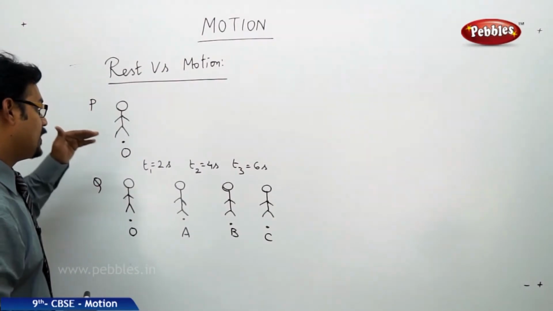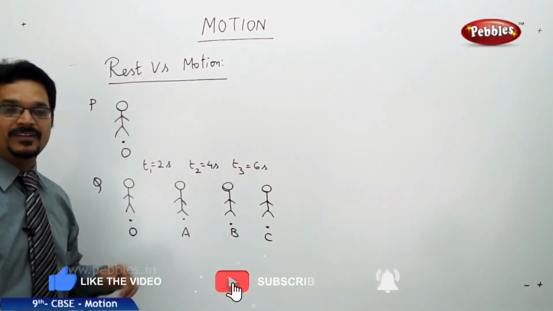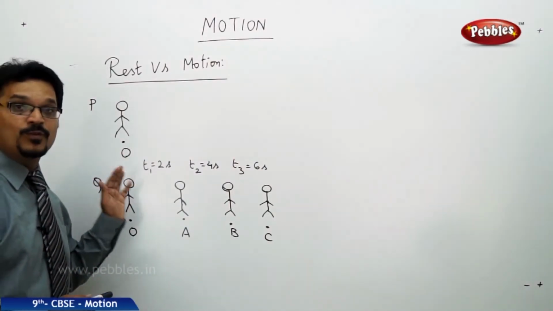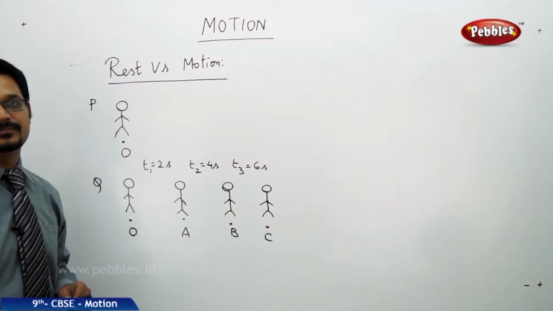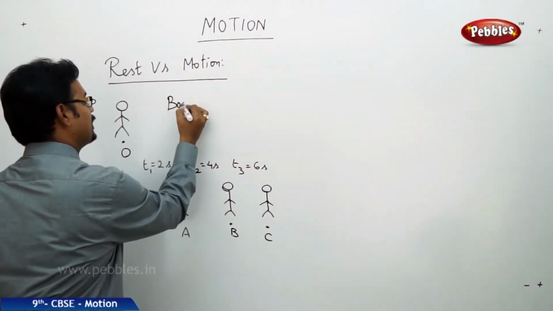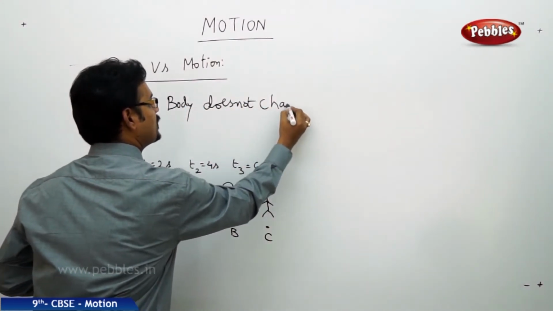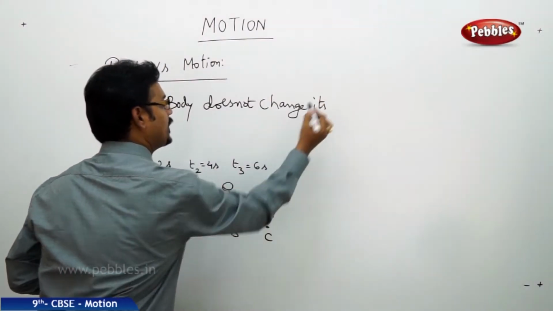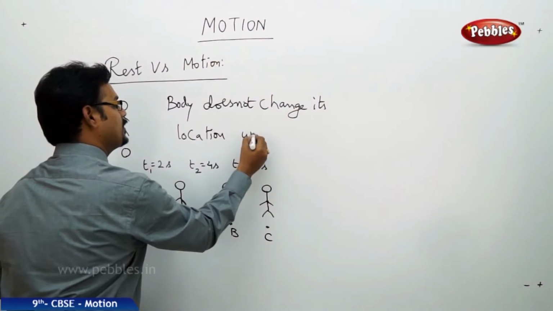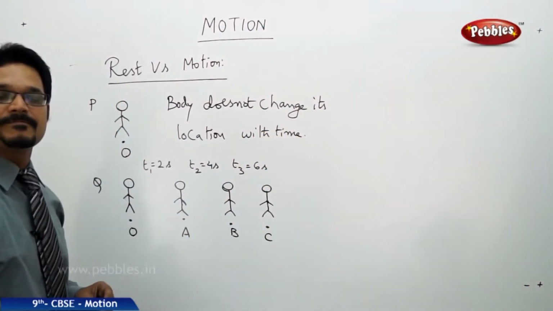So the difference between rest and motion is, rest means if any body doesn't change its location with respect to time, then it's called rest. Let me write here. Body does not change its location with time, then it is rest.